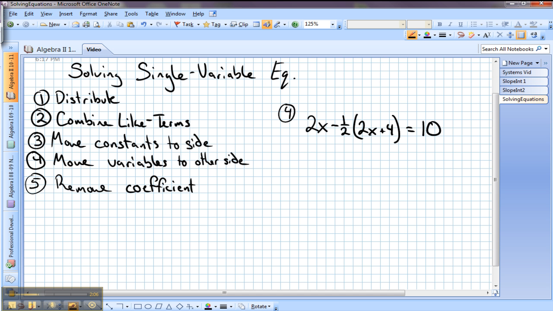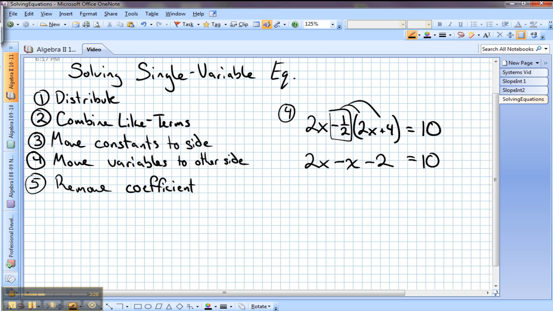The first step is to distribute. In this case, we have a fraction that we are going to be distributing, and it's a negative 1/2. So when we distribute the negative 1/2, we have negative 1/2 times 2x, which would give us a negative x. And negative 1/2 times positive 4 would give us negative 2, and all that is equal to 10.